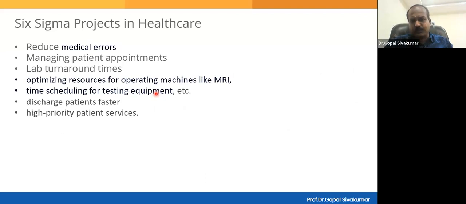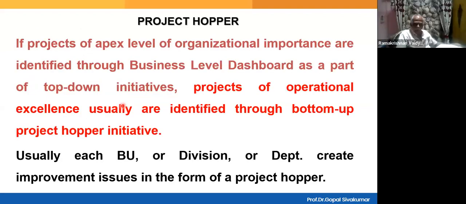Reducing the laboratory turnaround time, managing the patient appointments, and optimizing the resources for machines like MRI. You can think of measuring OEE for MRI, because the costlier equipment in the hospital, if it remains underutilized, is a wastage of resources, isn't it? You can think of discharging the patients faster. So these are all some projects in healthcare.